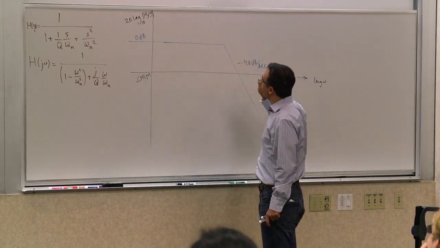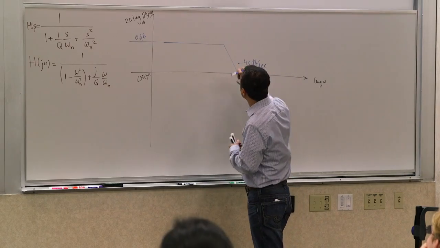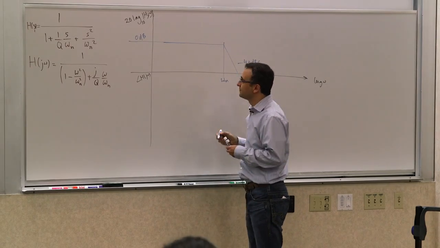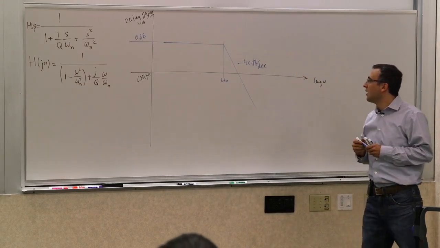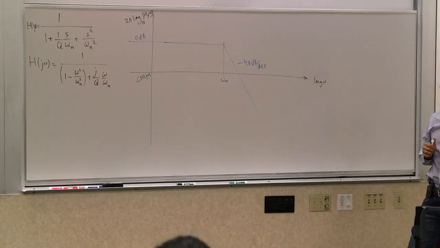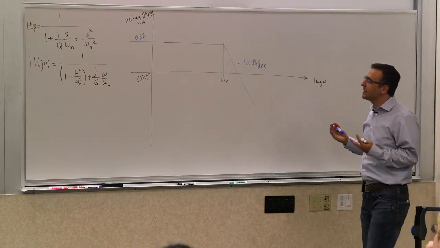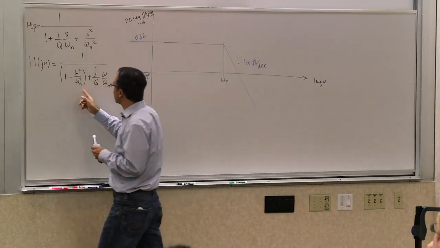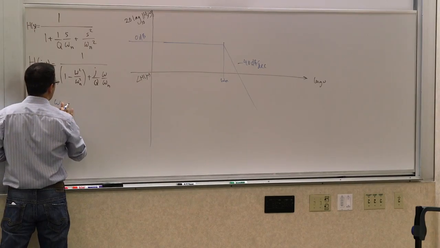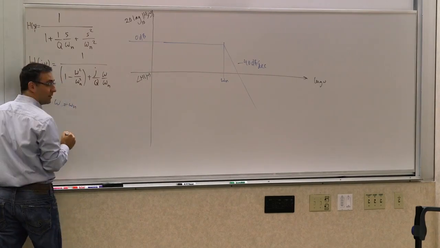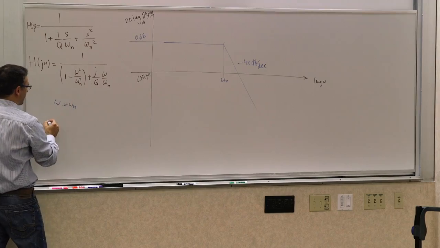It's all good and nice except for around this point, which is actually omega n, right? At that point, something interesting happens. So what if omega is equal to omega n at that exact point? What happens to this transfer function?